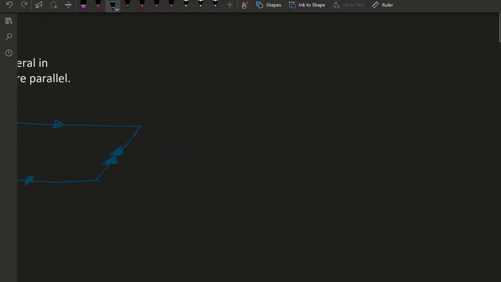So, let me move over here for a moment, and hey, there's a nice parallelogram. If I assume that this is actually a parallelogram and the opposite sides are parallel, let's put a number in there for now. Let's say this is an 80-degree angle.